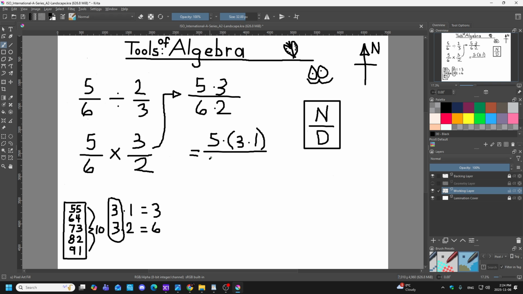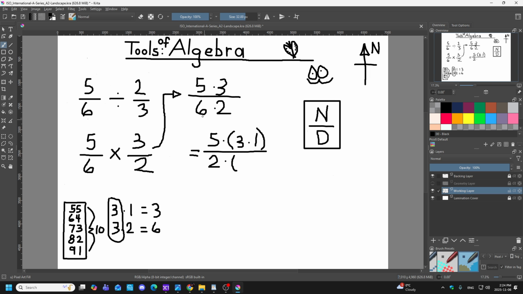The 2, I'm just going to move here, and it's okay, because if you're multiplying numbers together, as long as everything's done correctly, you will get the same answer. So wherever you put the number does not matter, as long as it's in the same position, which is in our denominator area.